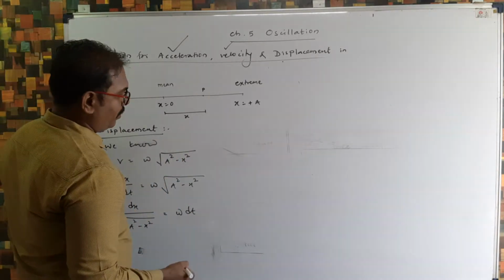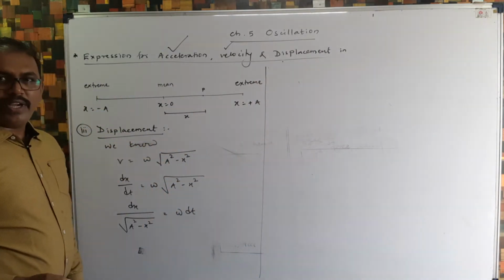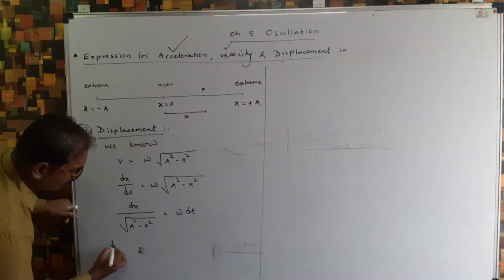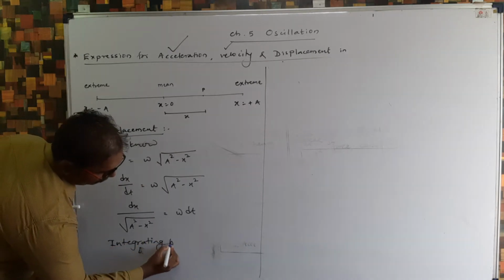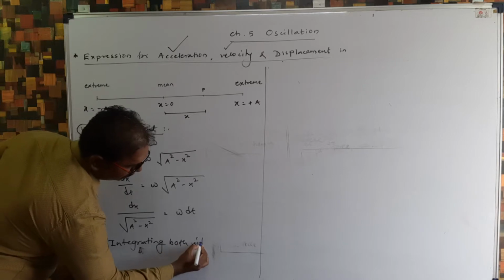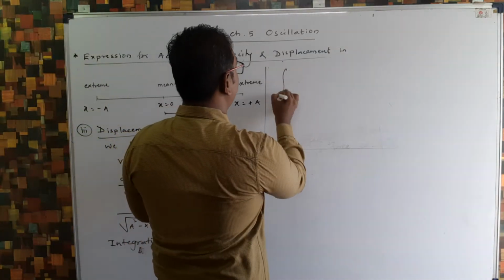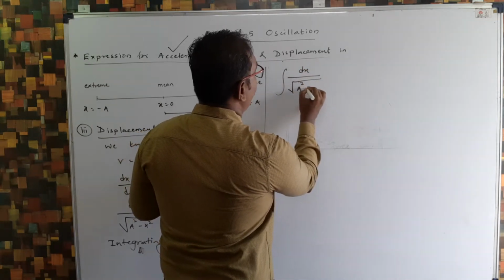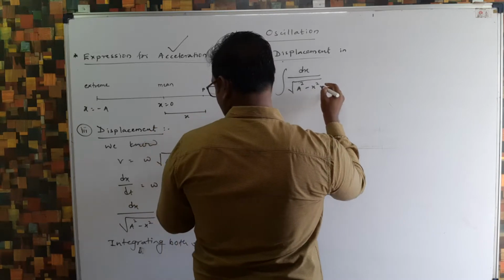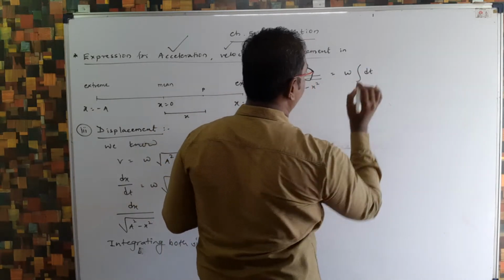Now after that, we have to integrate this equation. So integrating both sides, after integration of both sides, we get this type of equation: integration of dx divided by root of a square minus x square is equal to omega integration of dt.